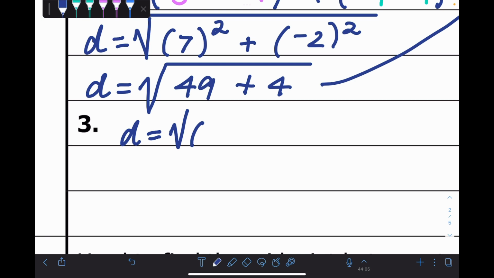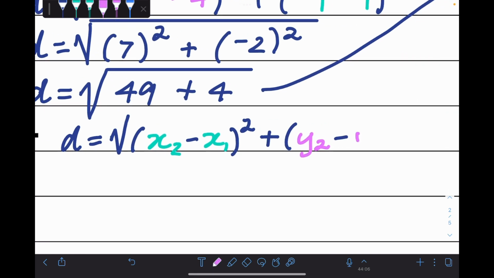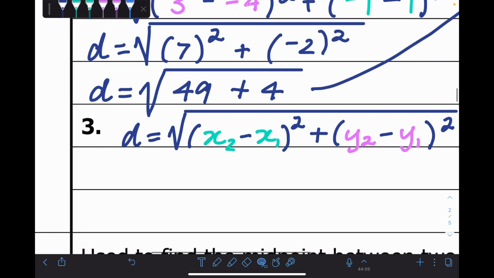Square root of... now I can have a bit of a look and substitute these things in.